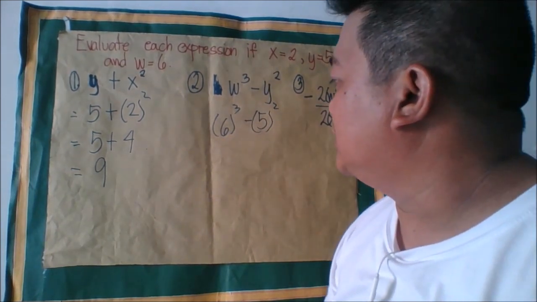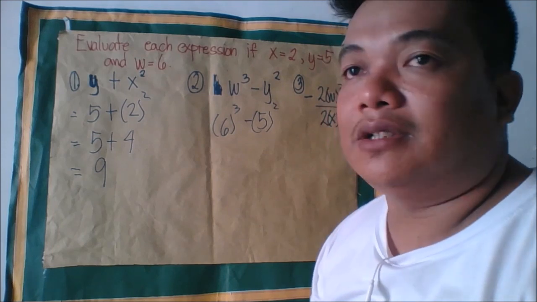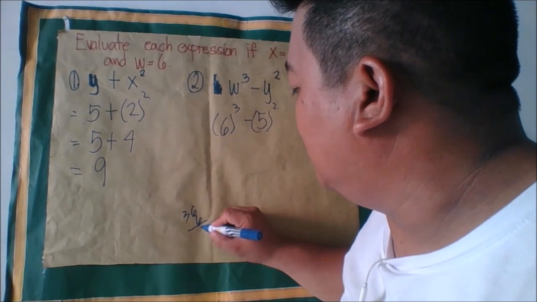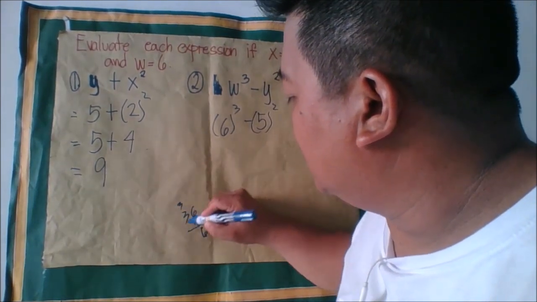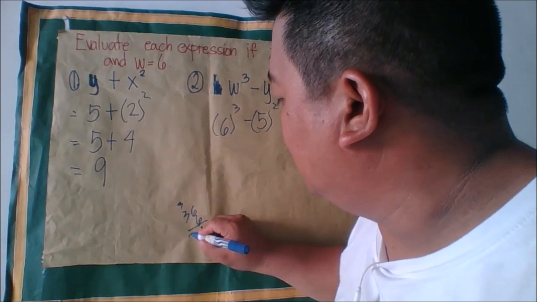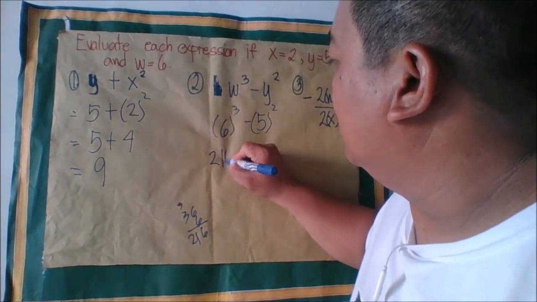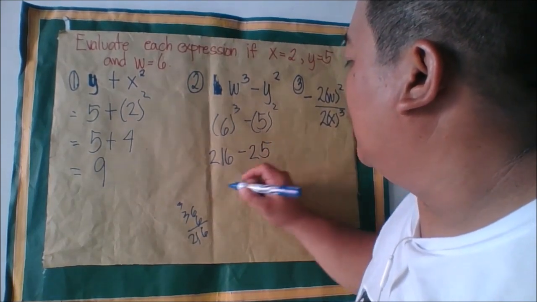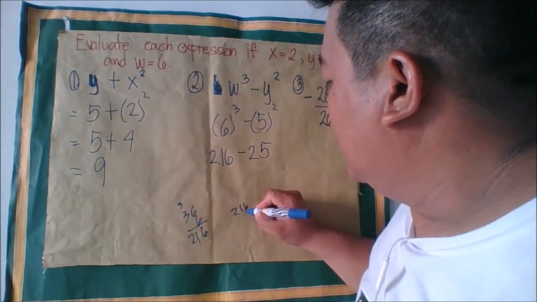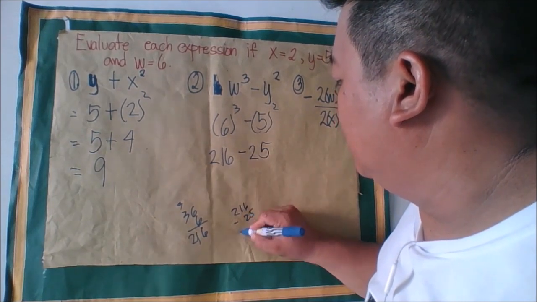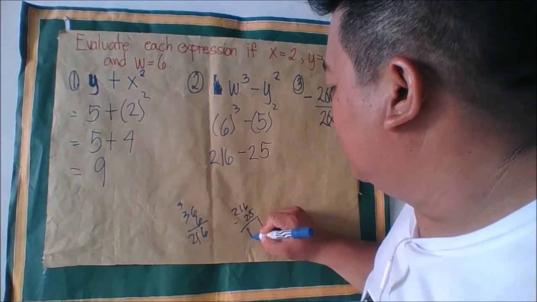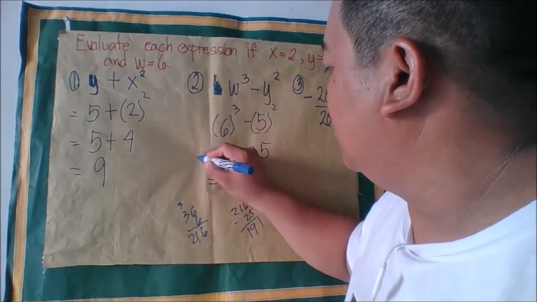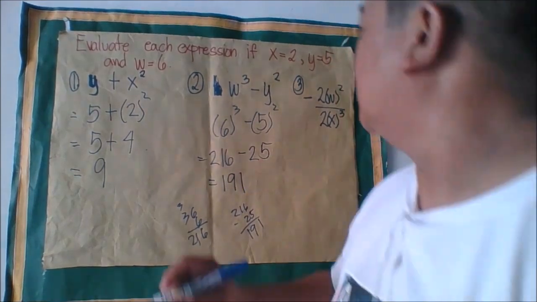So 6 times 6 would be 36. 36 times 6 is 216. 5 to the power of 2 is 25. Okay, 216 minus 25 would be 191.